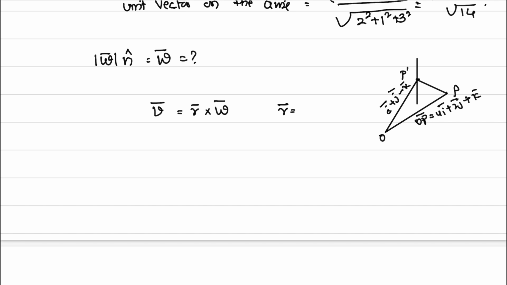And what will be PP dash? I have many times told you, in the last class also I told you, PP dash is equal to PO plus OP dash. This O is common in between. PO is nothing but minus OP plus OP dash. Or we can say it can be P dash P also. Either way we can see.